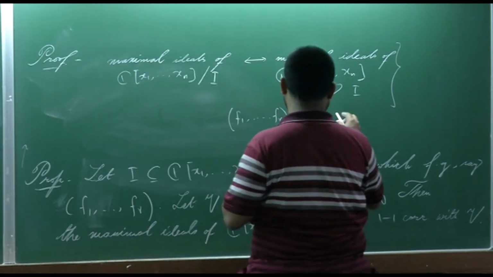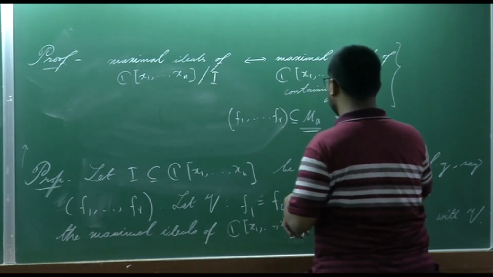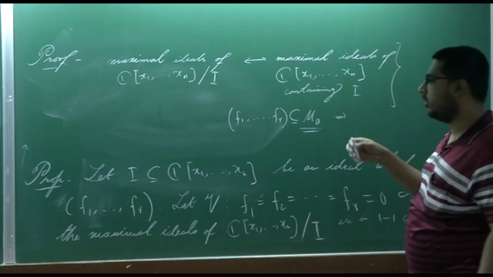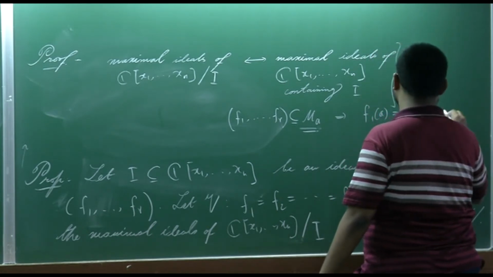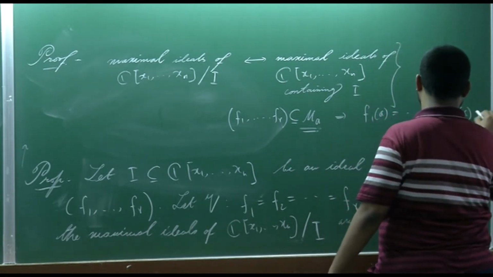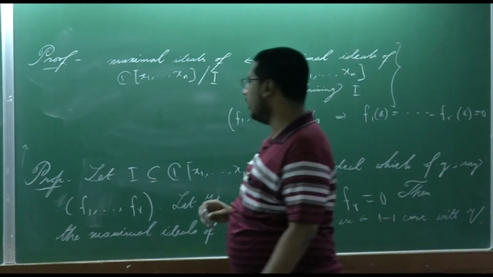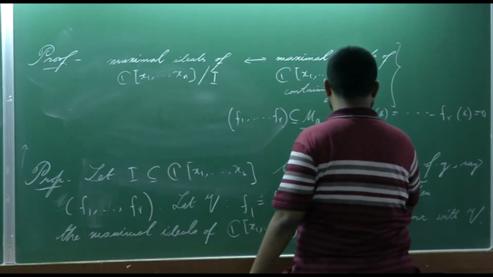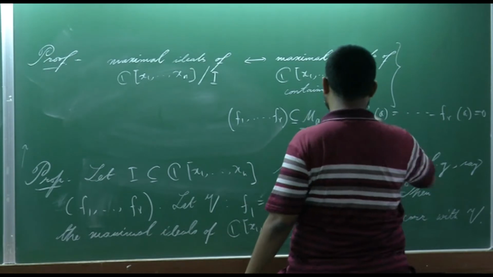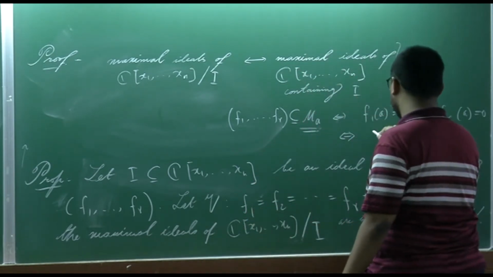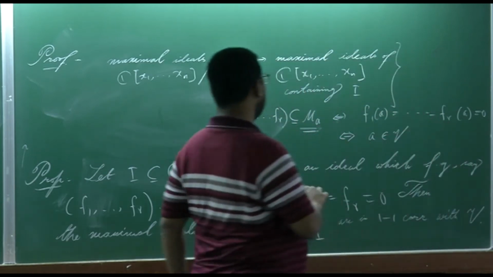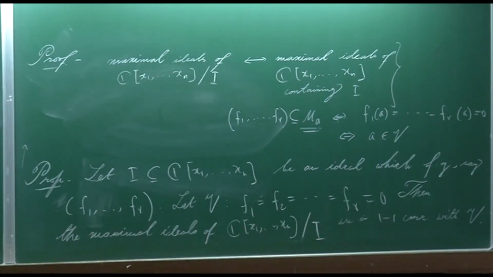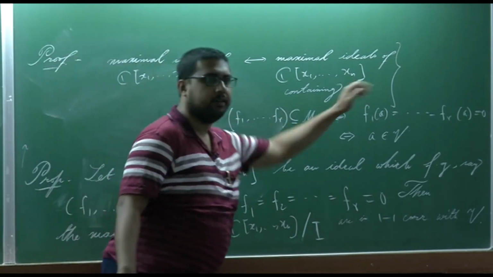It immediately follows, because M_A is the kernel of the substitution map, that f1 up to fr at A all have to be 0. And all these statements are if and only if A is in V. So in view of Nullstellensatz, we see that the theorem is thus proved.